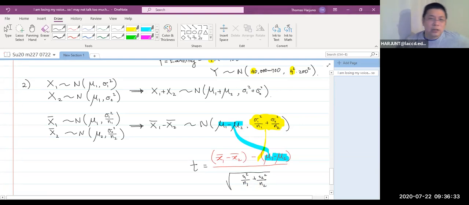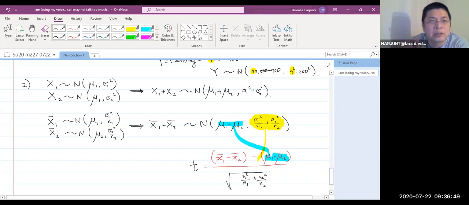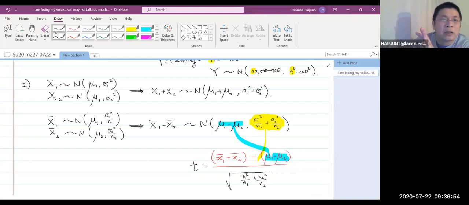Okay, now the nice thing about this central limit theorem for the sample mean, okay, the difference of sample means, applies for all sample sizes. It applies for all sample sizes as long as the underlying distribution is already normal.